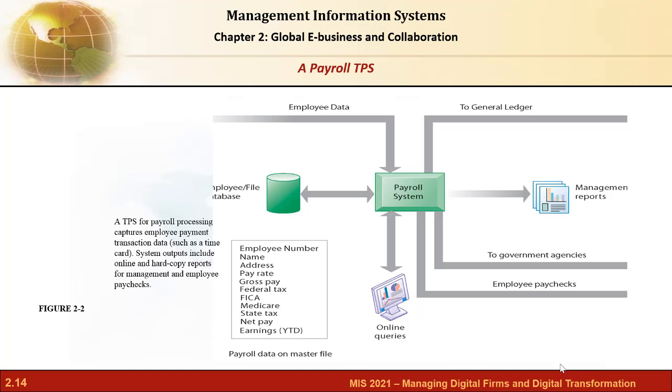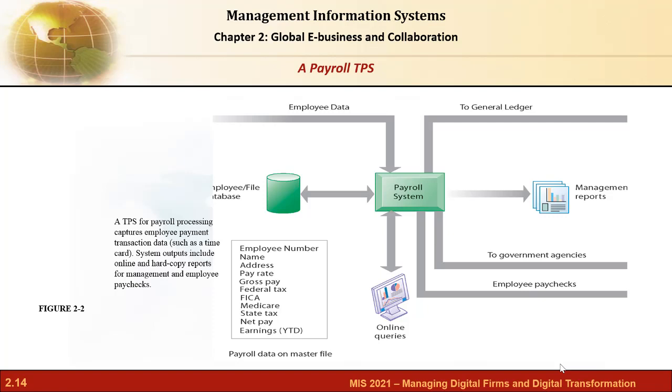Transaction processing systems are also a major producer of information for other systems and business functions. For example, the payroll system we just looked at, along with other accounting TPS, supplies data to the company's general ledger system, the accounting and finance system, which is responsible for maintaining records of the firm's income and expenses and producing reports such as the income statement and balances.